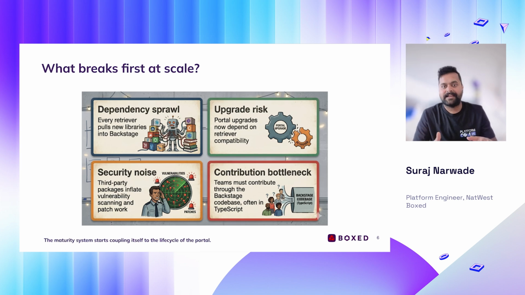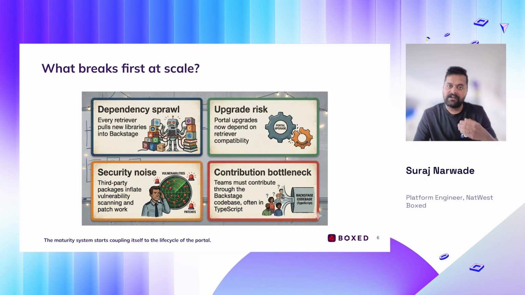Now, what breaks first, right? When we scaled, these were the pain points we started to see. Every retriever added dependencies. Every dependency increased vulnerability scanning noise and the maintenance overhead. Every Backstage upgrade became harder to reason about because the retriever code and the Backstage code were now moving together.